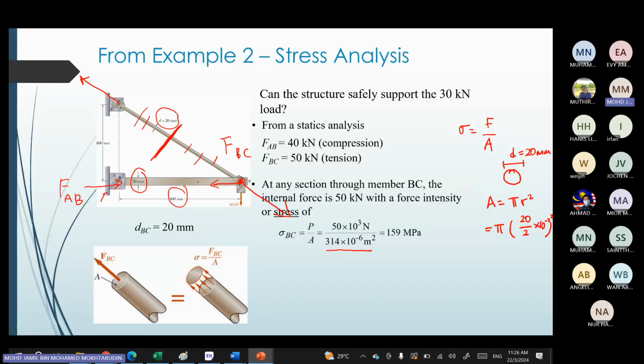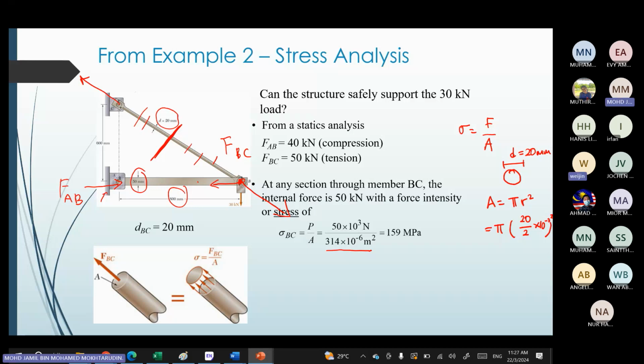I'm sorry, yes. Nak tanya macam mana kita tahu FAB tu 40 kN? Ni from previous week punya, from previous slides, last week punya. Oh, dia dah yang kita kira last week tu. Lepas tu macam mana kita tahu dia compression? Semua dari last week juga.